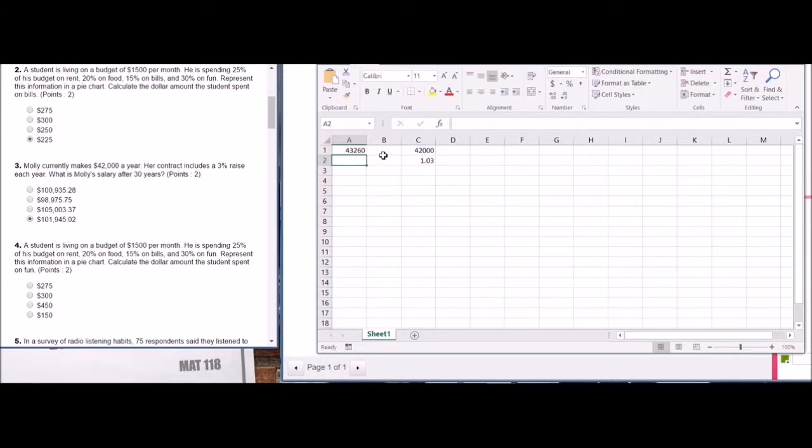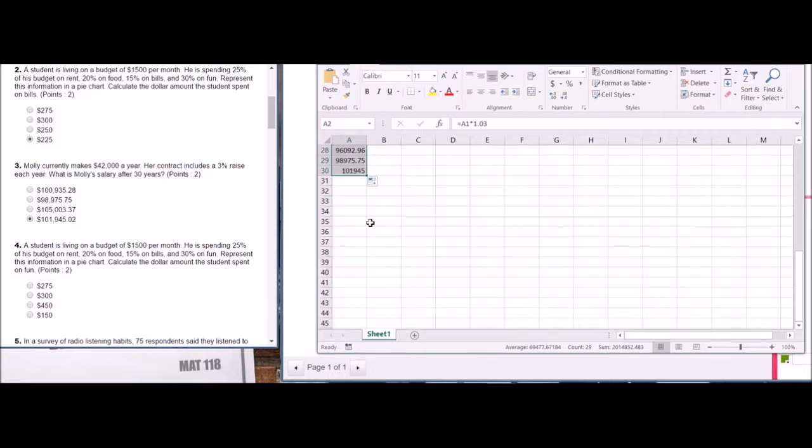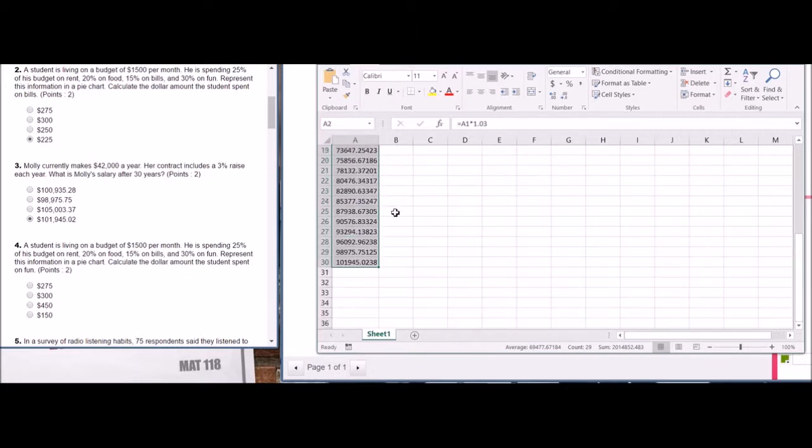And then we tell Excel one more time to do that times 1.03. So click down, after 30 years, and there it is. So after the 30 years, there is the amount. So lots of ways to do it, not just one way.